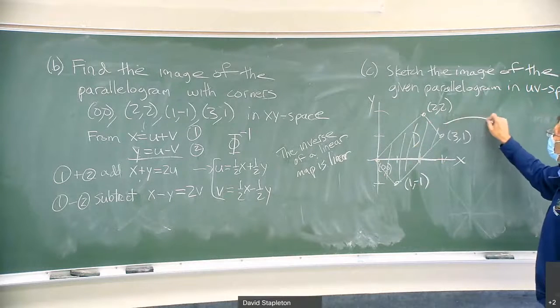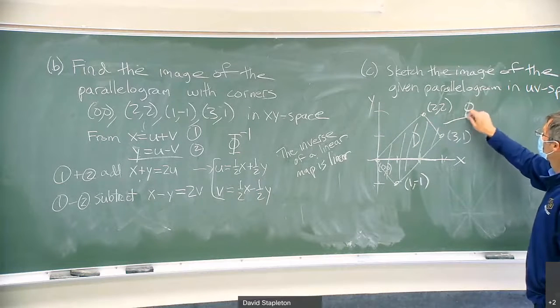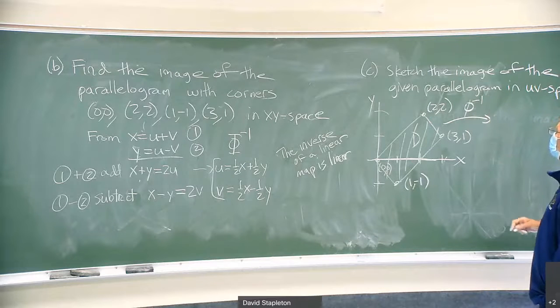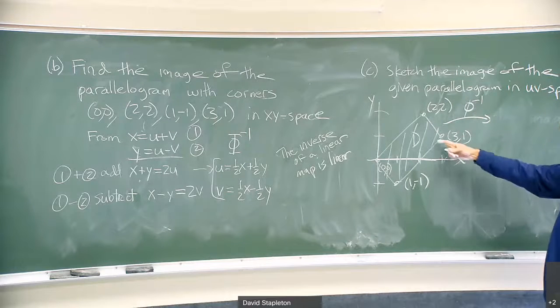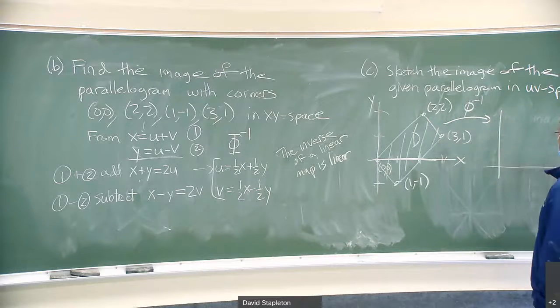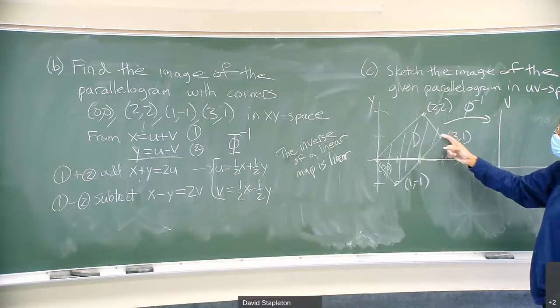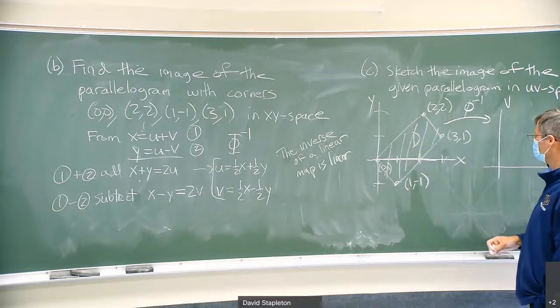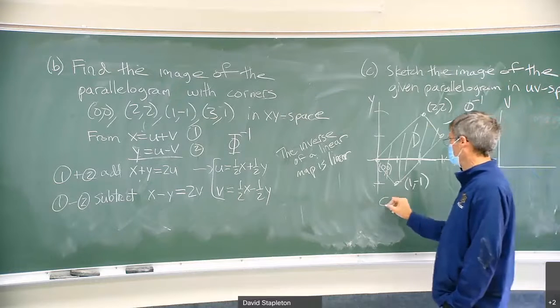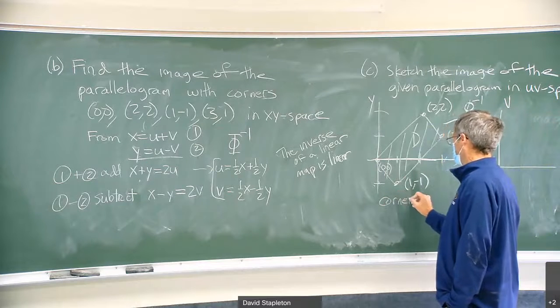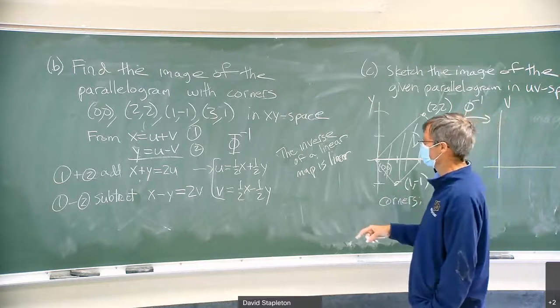And then the map phi inverse, taking this region over into UV space, gives what? Well, since we know this map takes lines to lines, all we have to do is find the 4 corners here. We get them just by plugging into this inverse transformation.